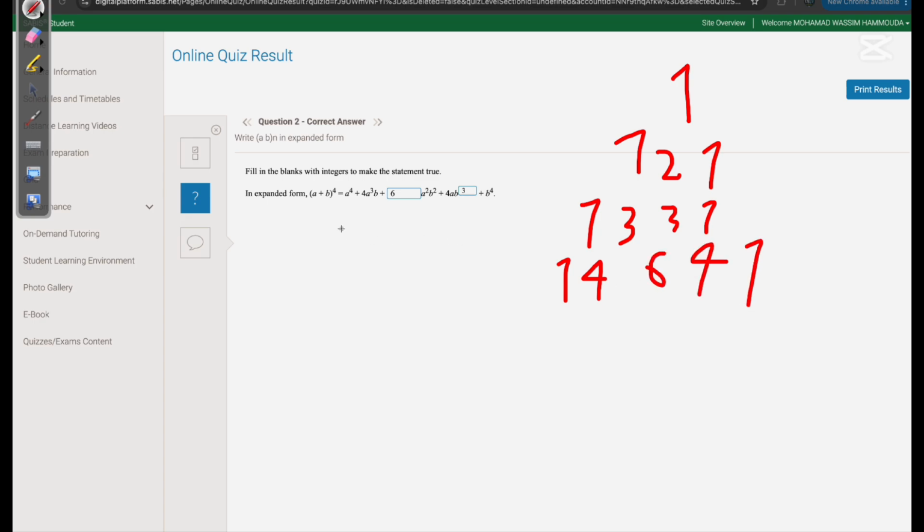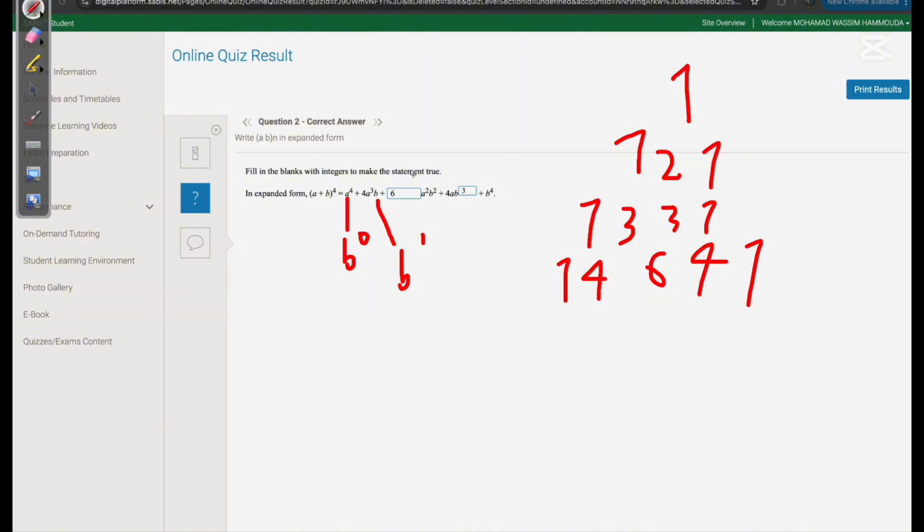So the coefficient here is 1, and then each one we move to the next, the power of a will decrease while the power of b will increase. So here the power of b is 0, and here the power of b is 1, then here b is squared, and then it will increase while the power of a decreases.